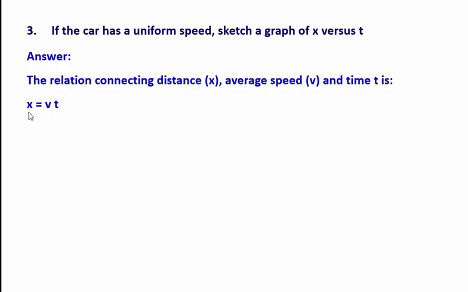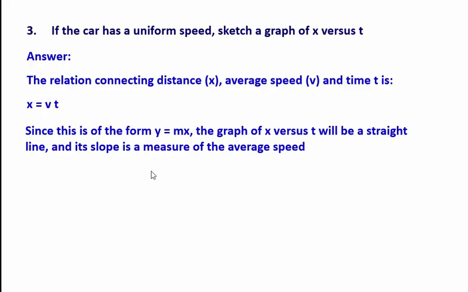Now, this is similar to y equal to mx. So, a graph of x on the y-axis and time on the x-axis will be a straight line. And what will the slope of this graph represent? The slope of that graph will be v, the average velocity.